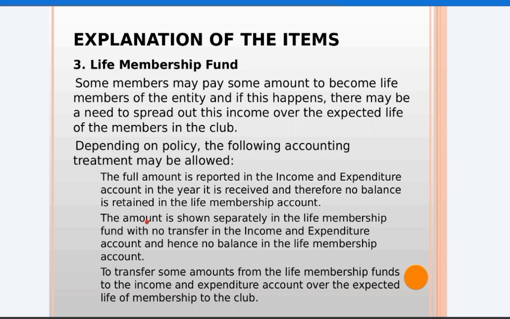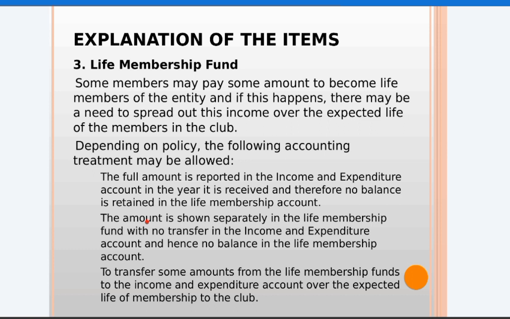The entire amount is put in a separate account, meaning no transfer is made to the income statement. And number three, you can decide to transfer some of the amount to the life membership fund and some to the income and expenditure account. So there are three ways.